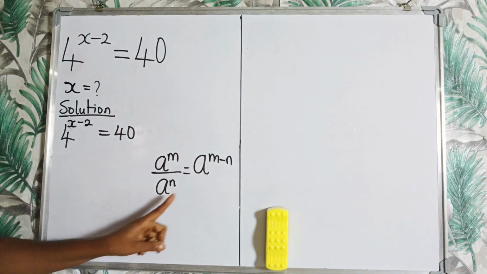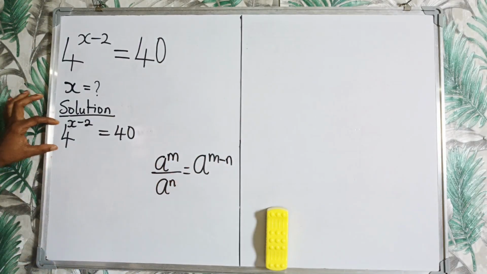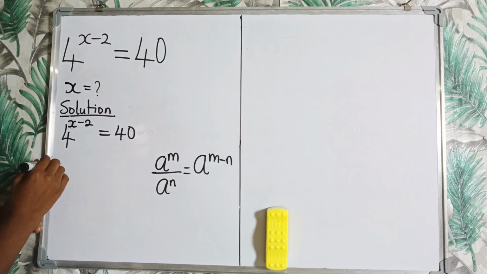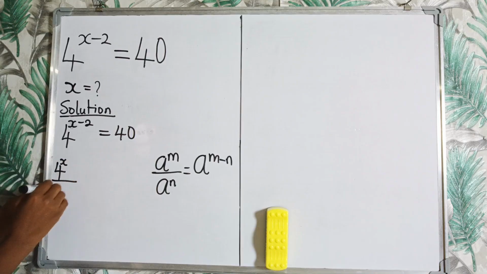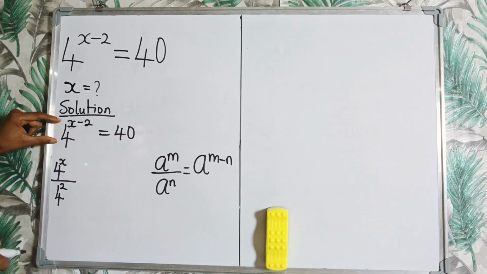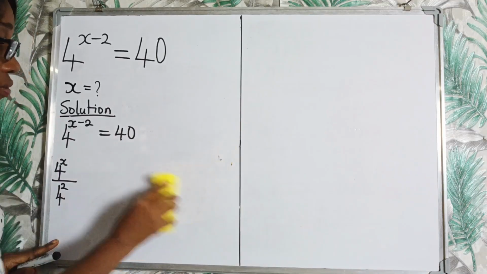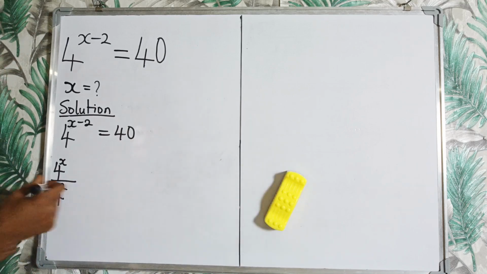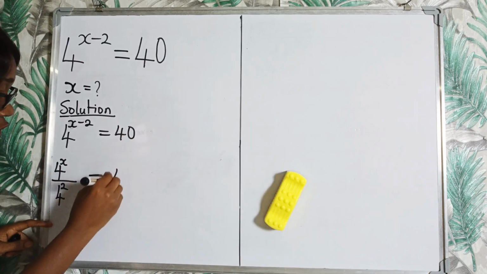Okay, so we are going to apply this law of indices here, all right? So we are going to have here 4 raised to power x divided by 4 raised to power 2. So I just applied this law of indices to this part of the equation. And then this is equal to 40.